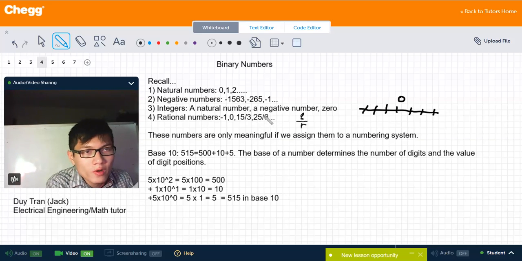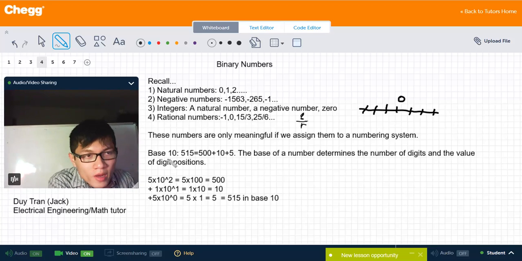But have you ever noticed that these are base 10 numbers? There are many types of base in a numbering system. For example, we have base 10, and base 2, which is the binary number we are going to deal with soon.